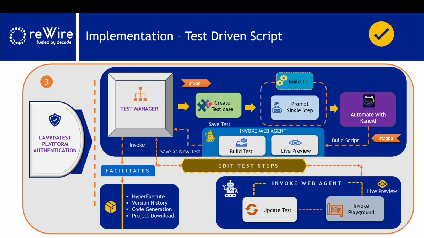Stage one expects a manual test case to be created, or to be available in the test manager, and the journey starts from the test manager interface, not from KaneAI. Once the test case is available, the journey for the automation creation will start. I'm going to demo this particular flow.